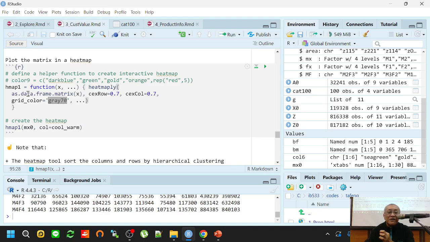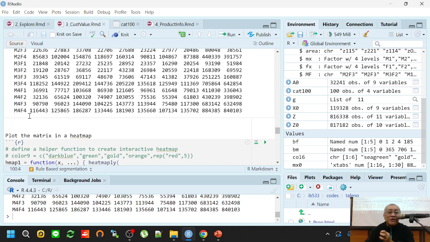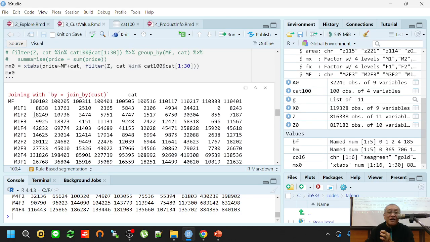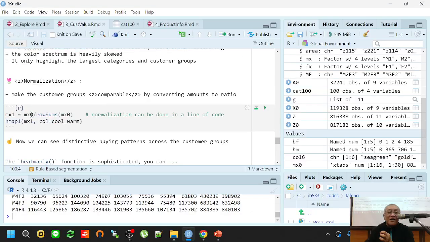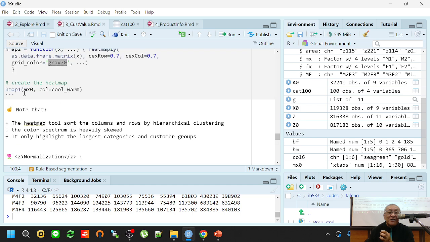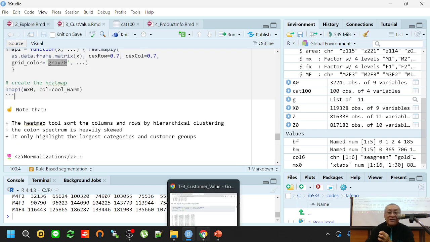So I already make a helper function called heat map 1. So right now, if I want to visualize this matrix, I simply call this function. Okay, so let's see the result.